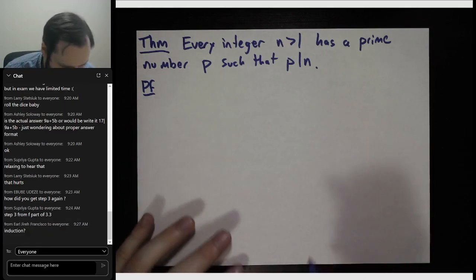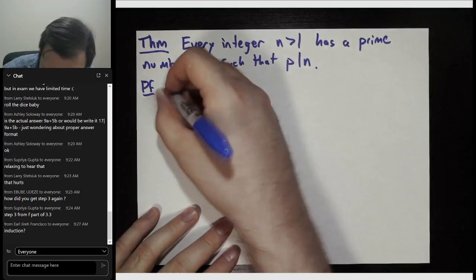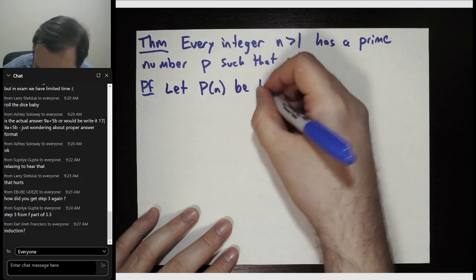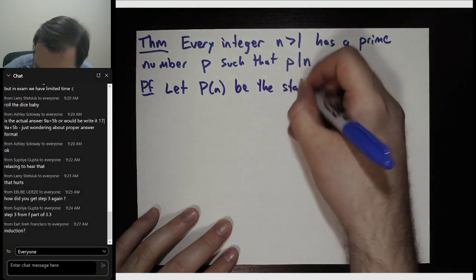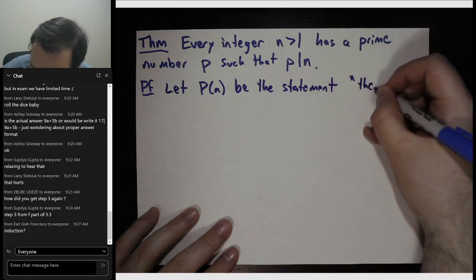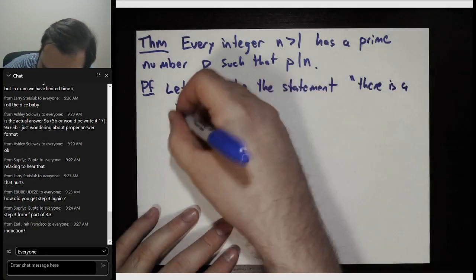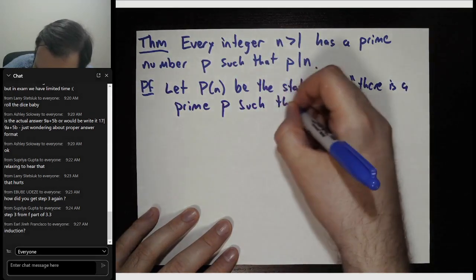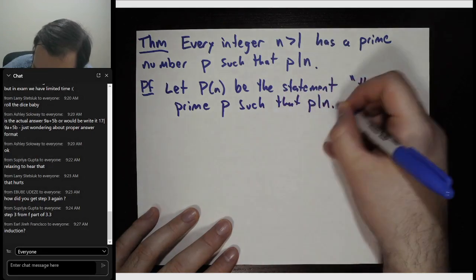We're going to use induction. Let P of n be the statement there is a prime p such that p divides n.